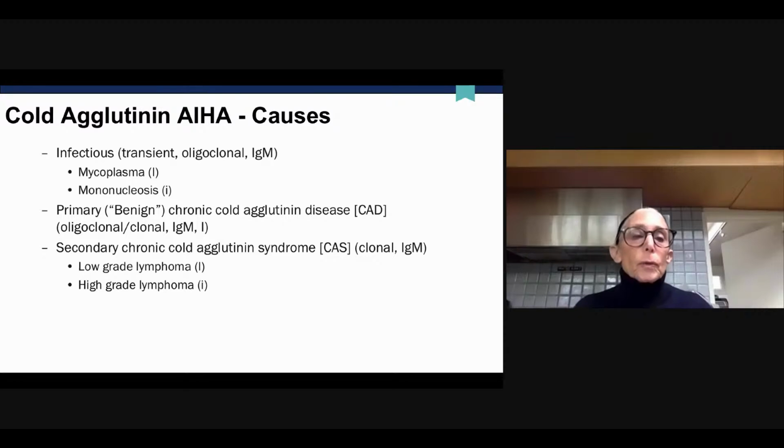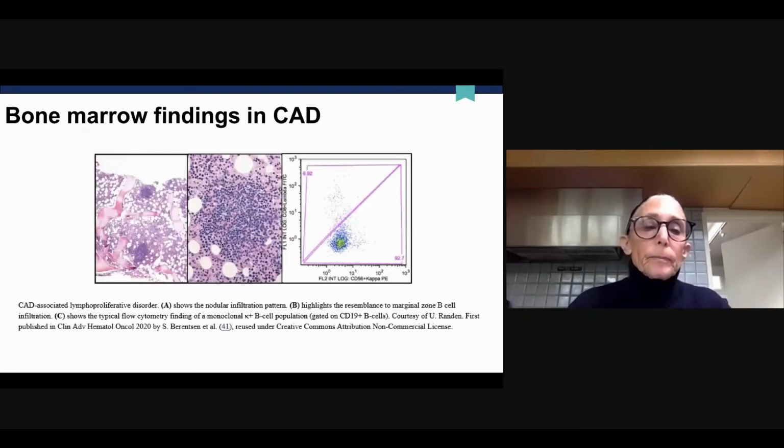Then there's cold agglutinin disease, which may be oligoclonal or clonal, usually IgM kappa to big I, and then the secondary cold agglutinin syndromes with both low-grade and high-grade lymphomas. And here you could see, this is in cold agglutinin disease, the bone marrow in these patients.